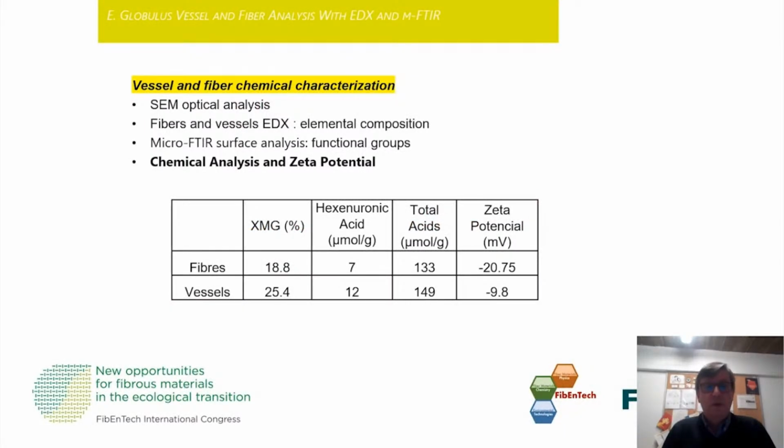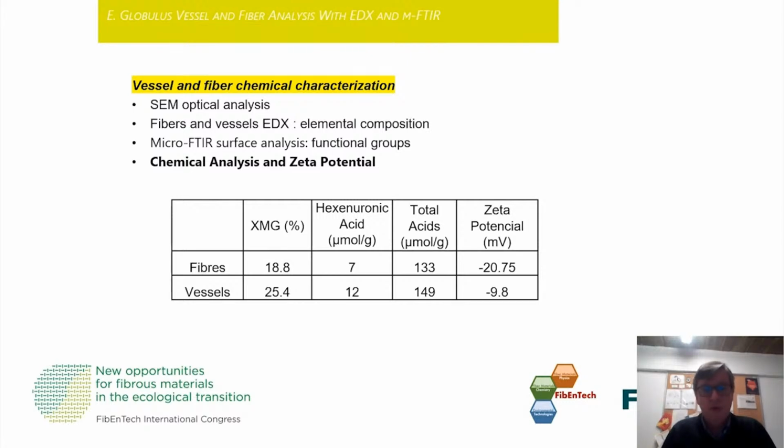We also did chemical analysis. We analyzed what we call XMG, which is xylose, mannose, and galactose, related to hemicellulose content, uronic acids, total acids, and zeta potential.